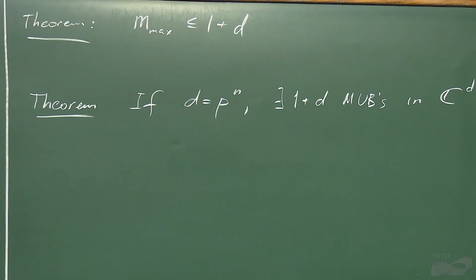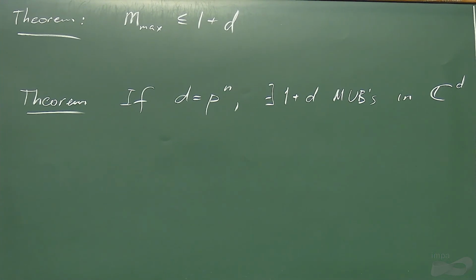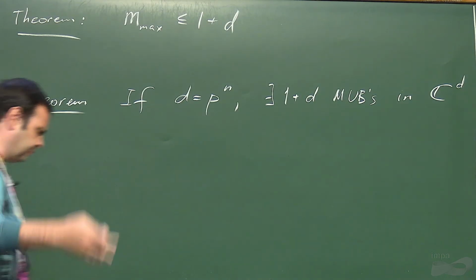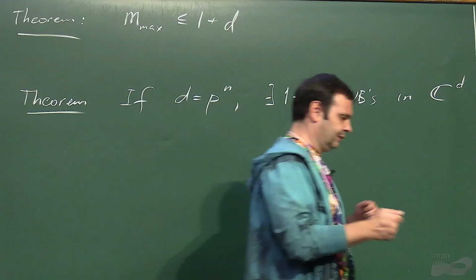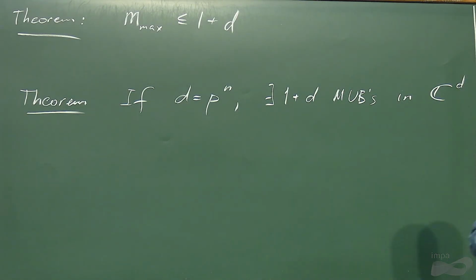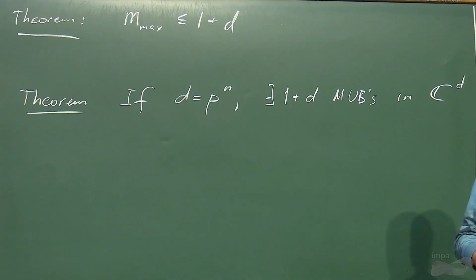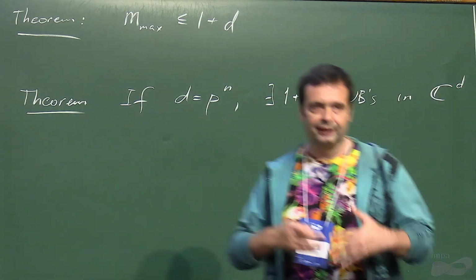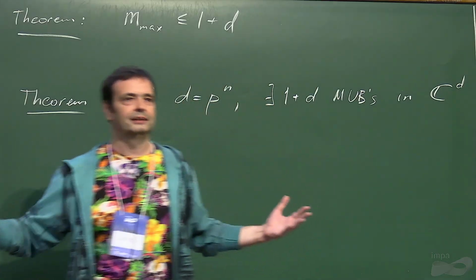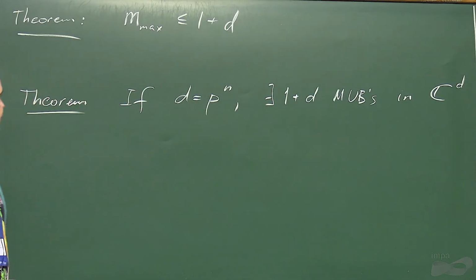I will not go into the construction, but the construction, of course, goes into some arithmetic properties of the dimension. Basically, what happens is that you try to construct certain orbits of operators that shift your basis and that modulate the basis by roots of unity. And if the dimension is prime, it guarantees that this gives you different bases. So that's the idea.